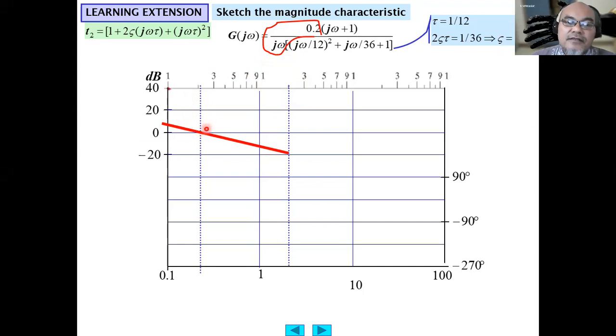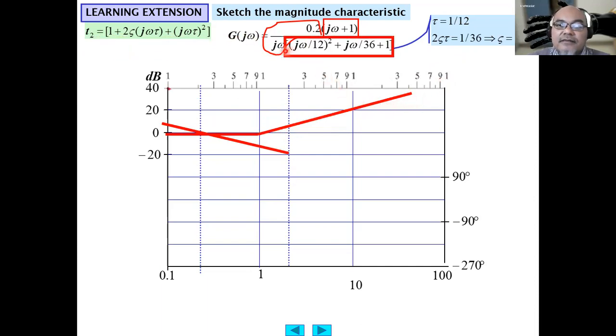At 0.2, it is 0 decibel, and it decreases by minus 20 decibel per decade. Then the first zero, j omega plus 1. So the break frequency is at 1 radian per second. Before that, the asymptote will be 0 decibel. After that, it will increase by 20 decibel per decade.